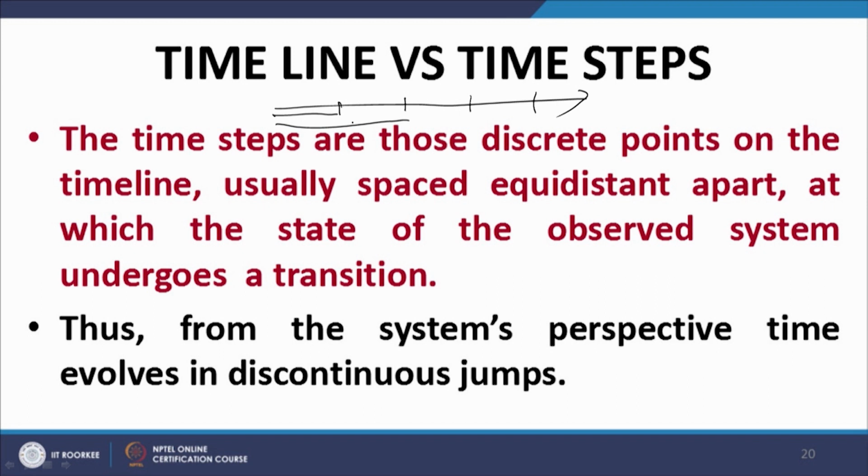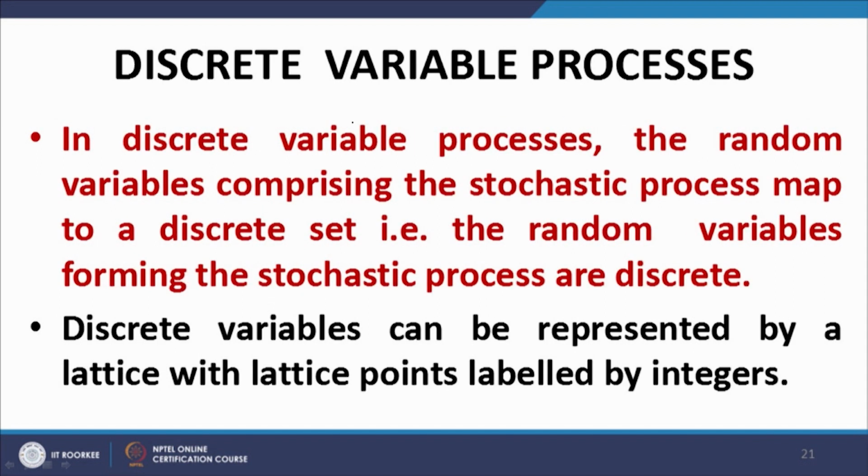Thus, from the system's perspective, time evolves in discontinuous jumps. Then we have discrete variable processes. In discrete variable processes, the random variables comprising the stochastic process map to a discrete set. In other words, the random variables which form the sequence have a discrete spectrum of possible values.